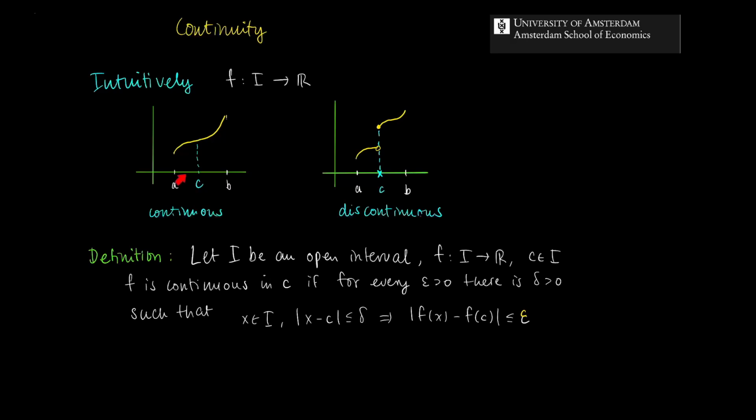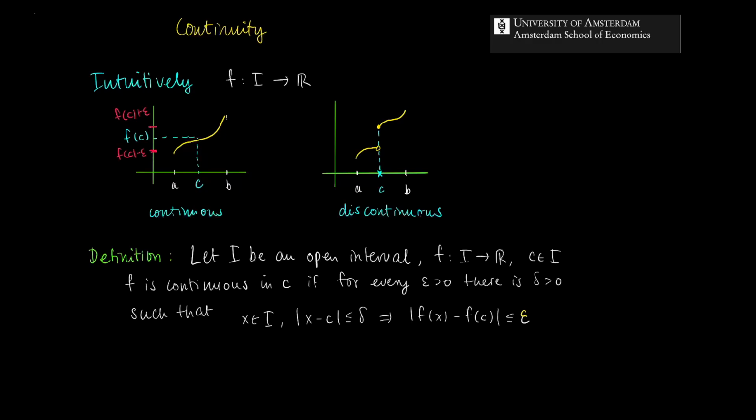So if we move towards this c on the left, we see this left graph of the function. If we move nearby c, then the images should also be close. Suppose we take this c, so here I have f(c), and we take a distance, f(c) plus epsilon and f(c) minus epsilon.